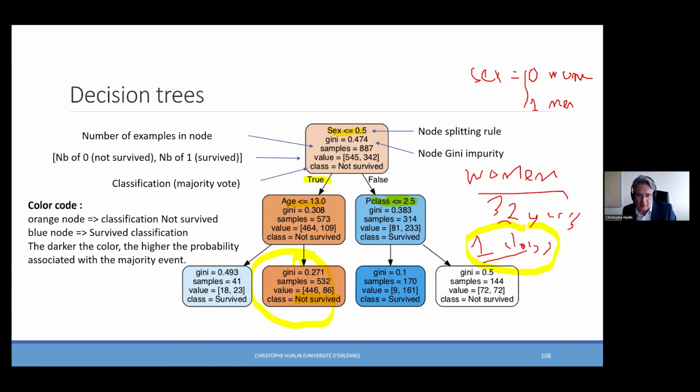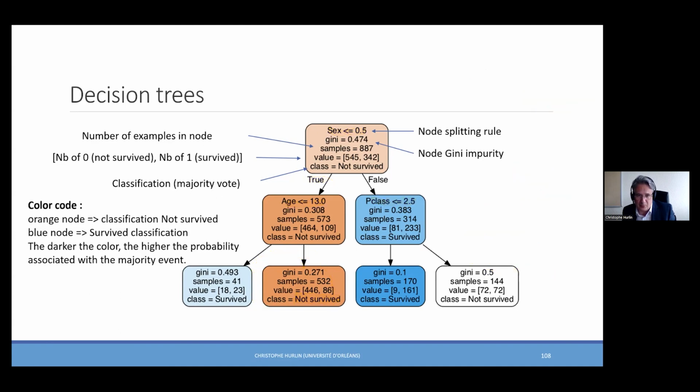Congratulations. So last point, there is a color code with scikit-learn. By convention, an orange node is when you have 0, so not survived, and a blue node is 1.